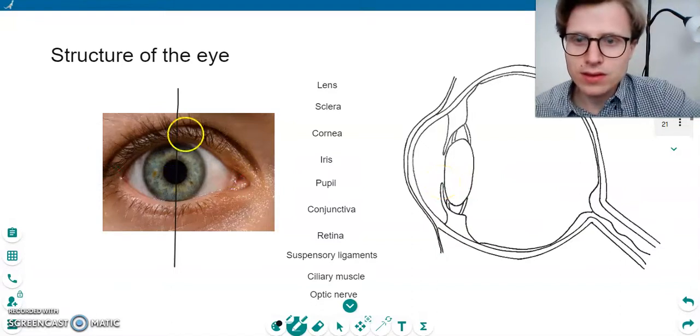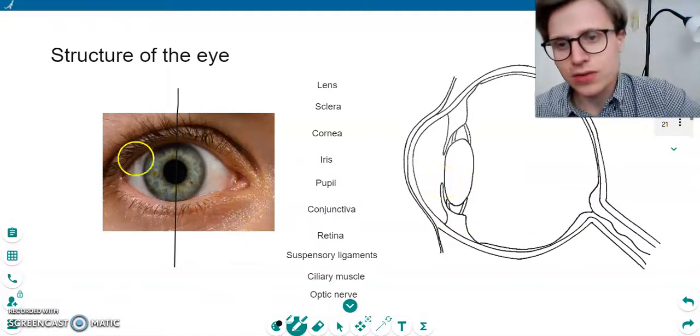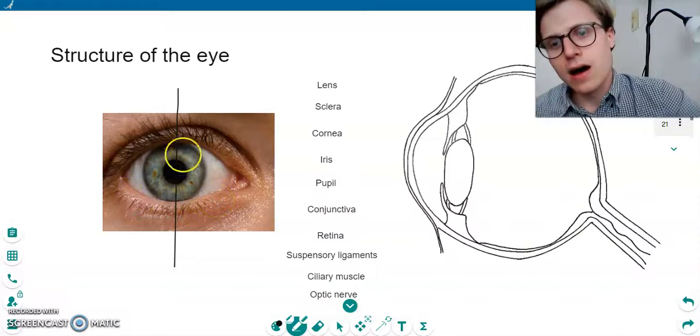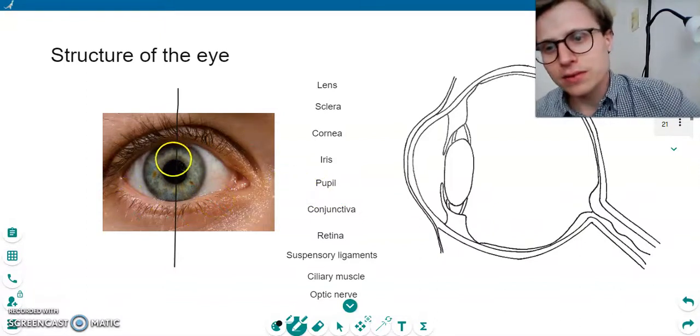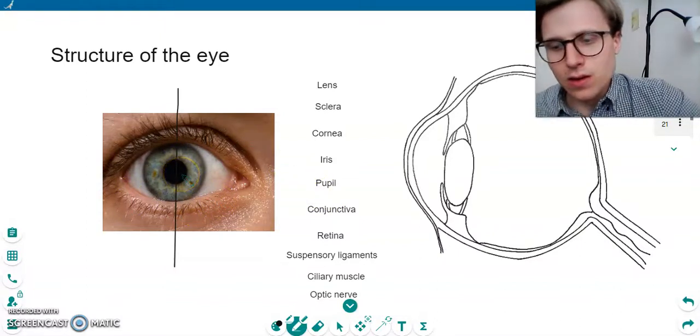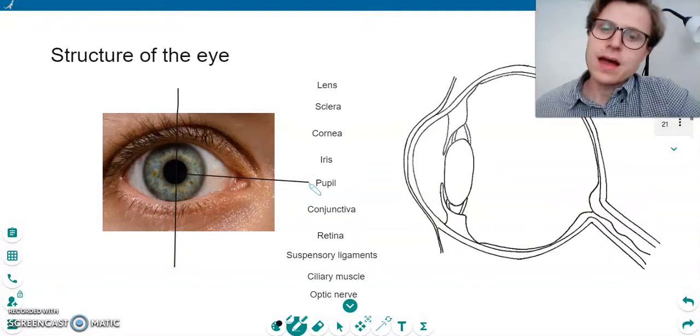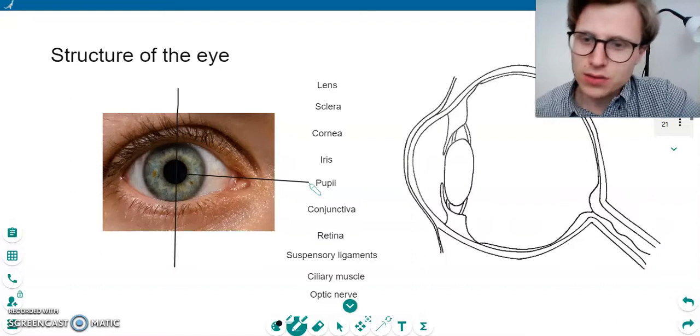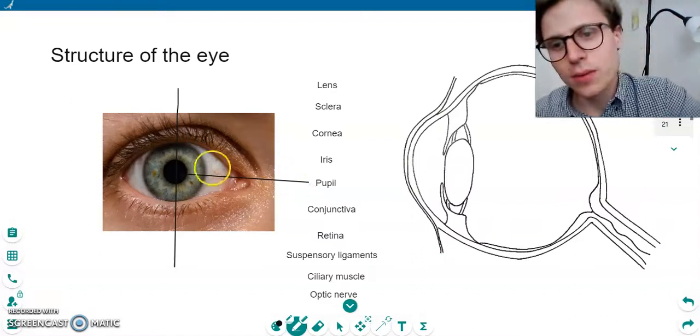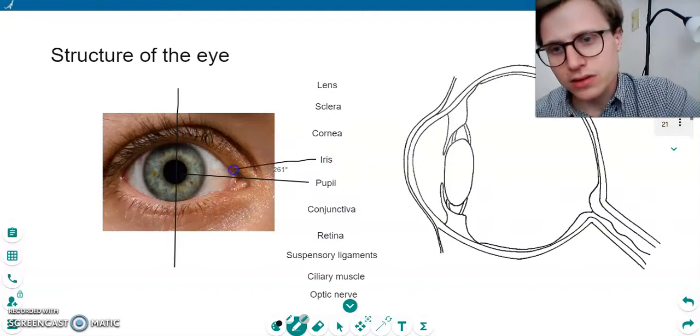So first, if we look at this image on the left hand side, and starting from the middle, you probably know quite well that in the middle we have the pupil, and the pupil is really less of a structure, but more a result of the surrounding structure being the iris.